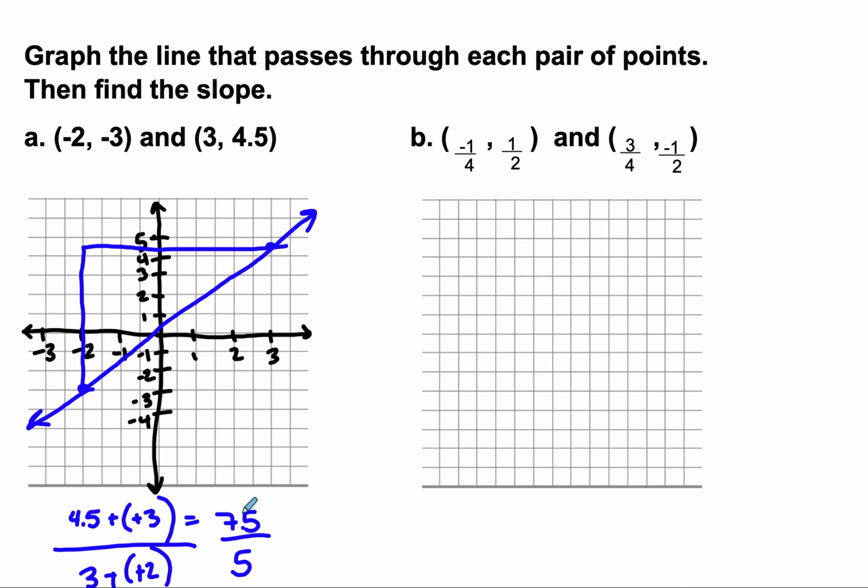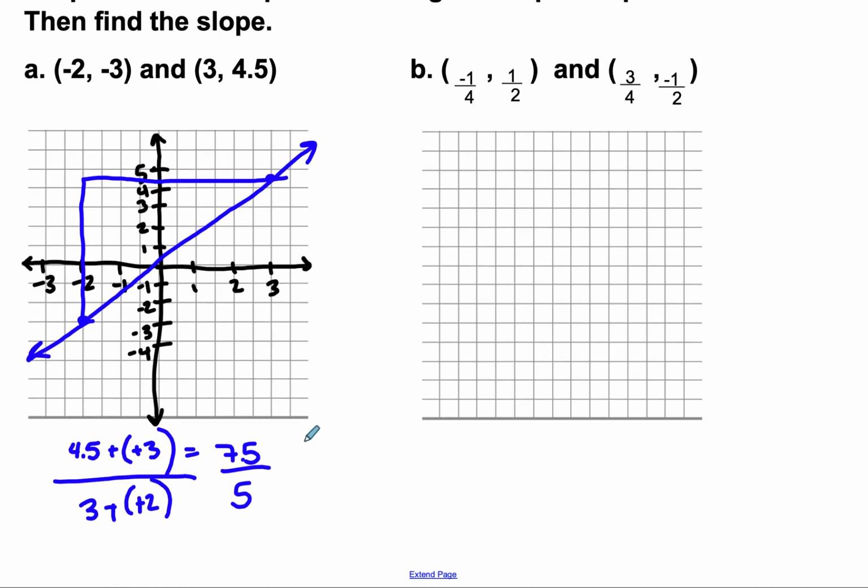Now, that's not going to be a simplest form fraction because I have a decimal in a fraction. When I have a decimal and a fraction that I need to simplify, I do the same thing that I do when I do decimal division, which is to move that decimal one place over, add placeholder zeros if needed. So now I have 75 over 50.